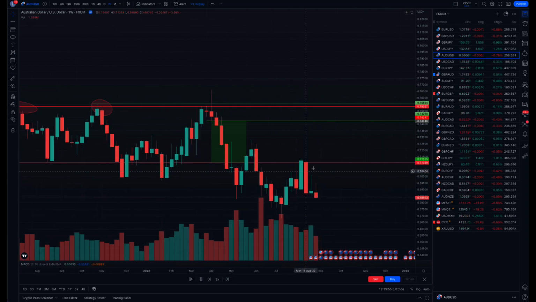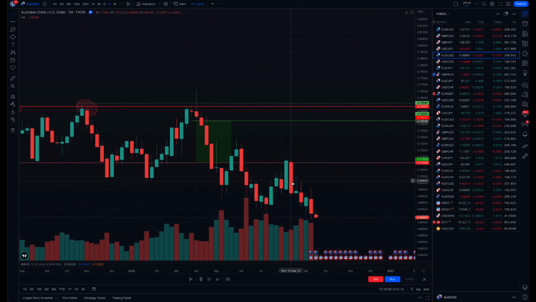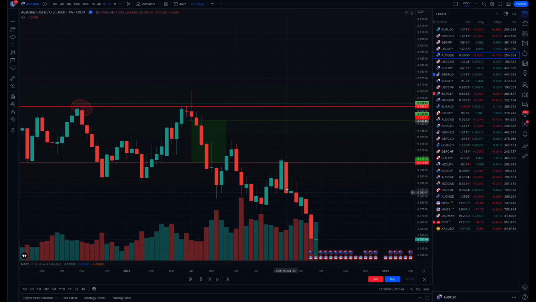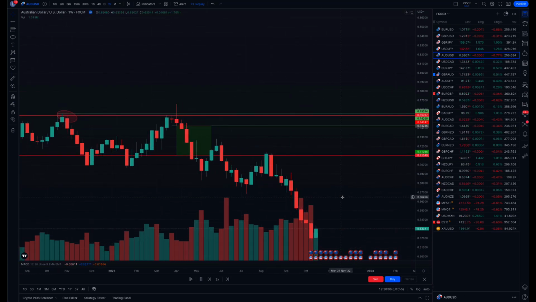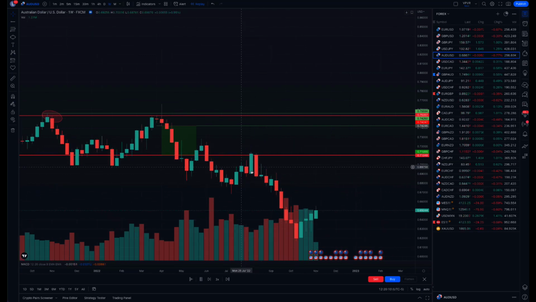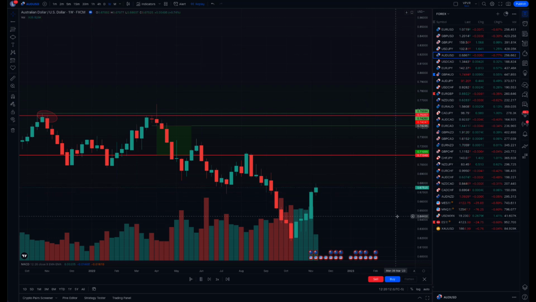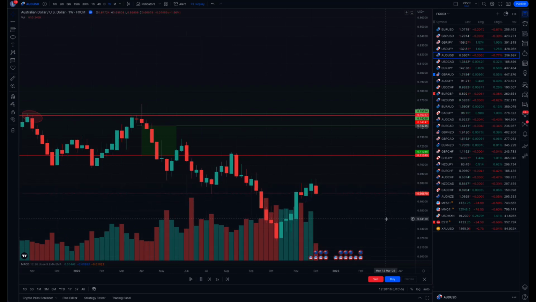You can see that this was support and now is working as a resistance. Here, I wouldn't consider this a bearish engulfing candle, but you could trade that too if you wanted, because the resistance line is being validated. So, okay, let's see. We are very close to today's date.